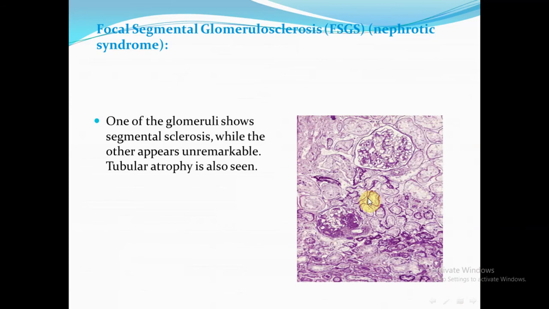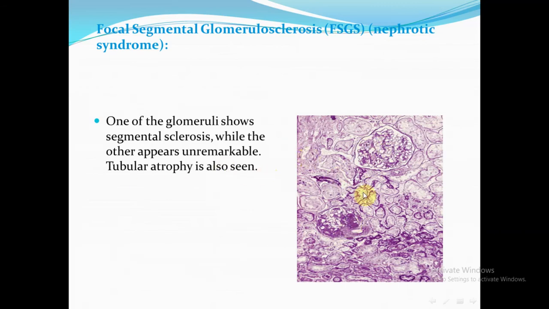This is focal. Segmental means the glomerulus itself, part of it is involved by the sclerosis. So we see focal segmental, some of the glomeruli, and the involved glomerulus partially involved by the disease. Here there is also tubular atrophy.